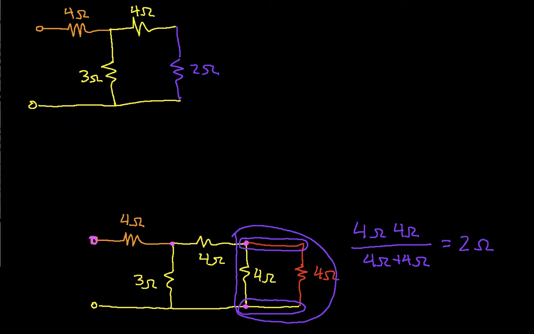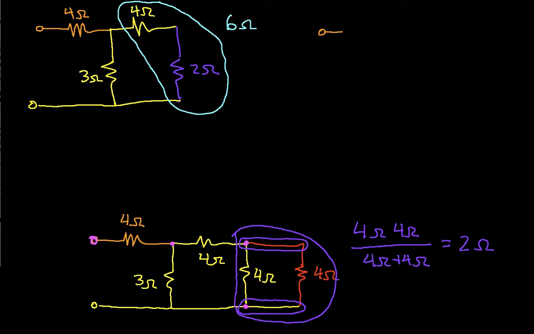So the next thing to do is look at the circuit now, and I notice that I have 2 resistors in series, the 4 ohm and the 2 ohm, and so I can replace them by an equivalent resistance, which is the sum, which would be 6 ohms. And again, we'll redraw this.